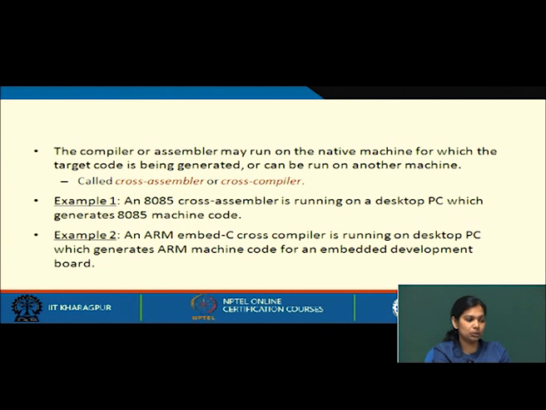So, the machine codes are getting generated by a desktop PC. This is a cross compiler. Similarly, an ARM Mbed C compiler which is available online may be running on a desktop PC, which then generates an ARM machine code for the embedded development board. So, we are writing code in a particular language, and there is a compiler sitting on some other machine converting it. This is known as a cross compiler or cross assembler.